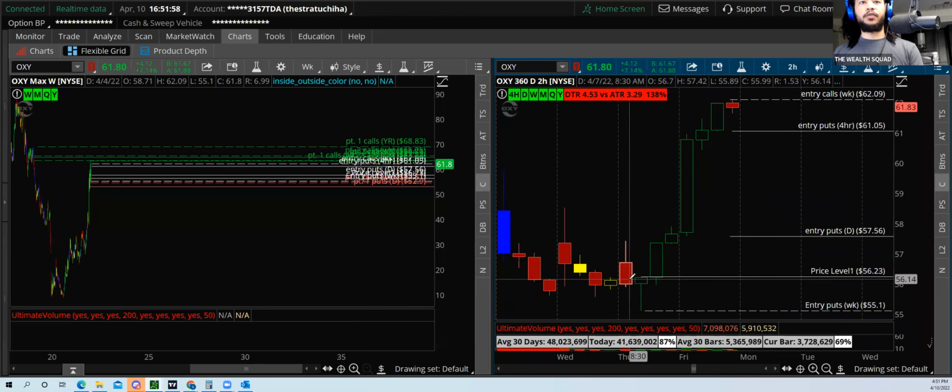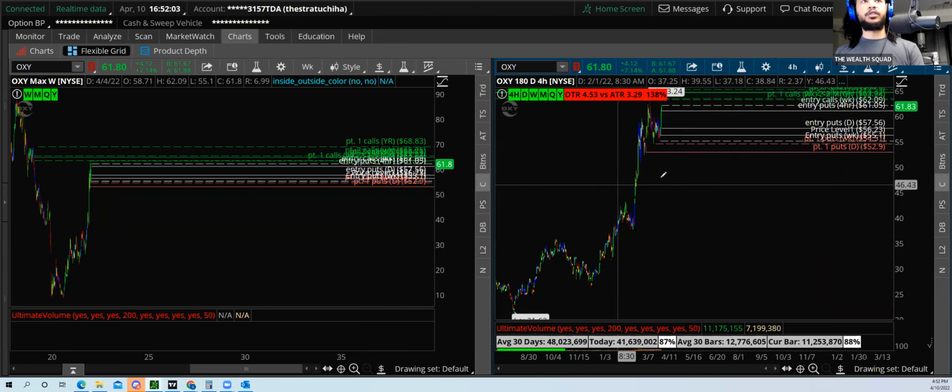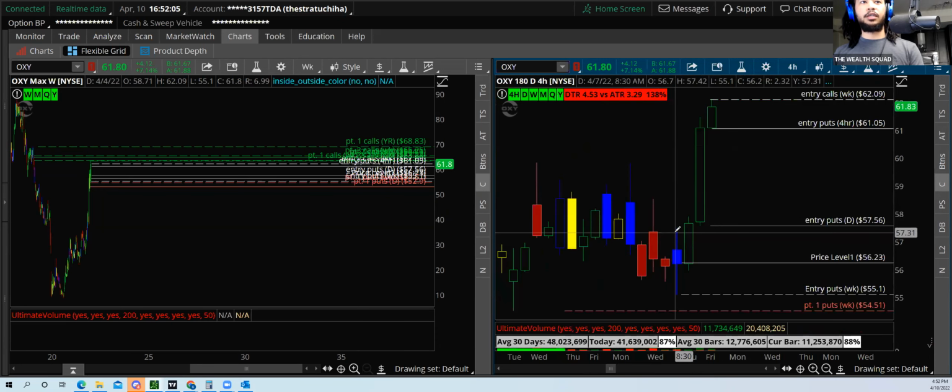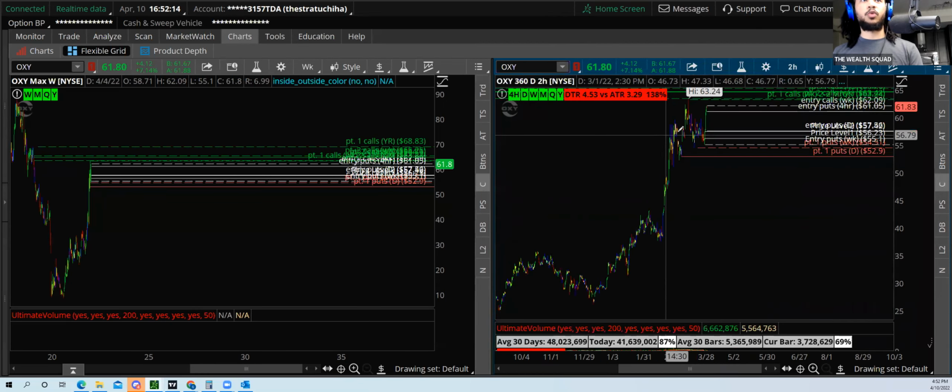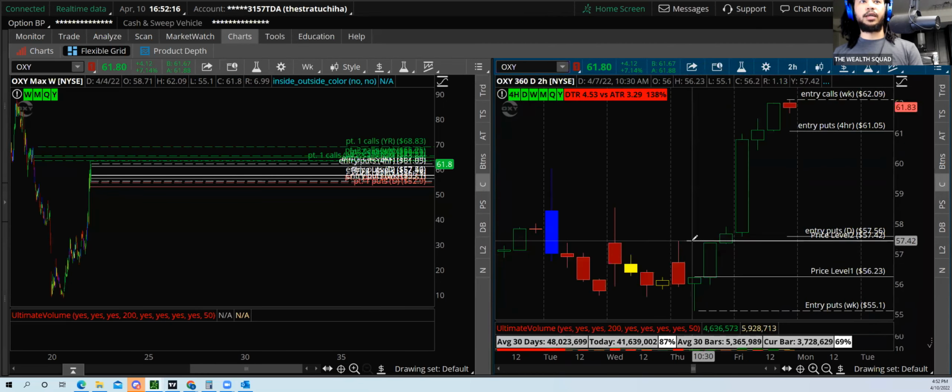If I mark the entry level for that, 56.23, then eventually on the 4 hour it ends up going 3-2 reversal. If I mark that level, it's one of those 2 hour price targets, which is actually the highest part. Once we hit the top of this bearish 2 up, it triggered the 3-2 reversal to the upside, and then Oxy continued to run the next day.